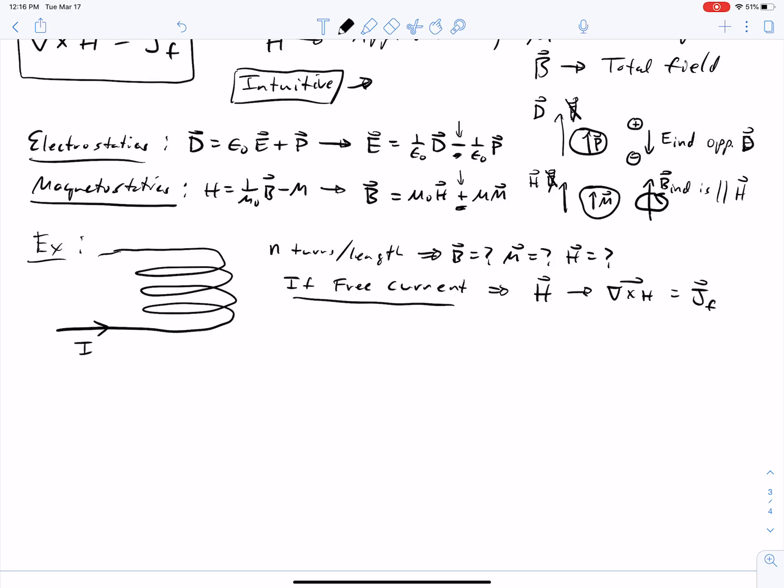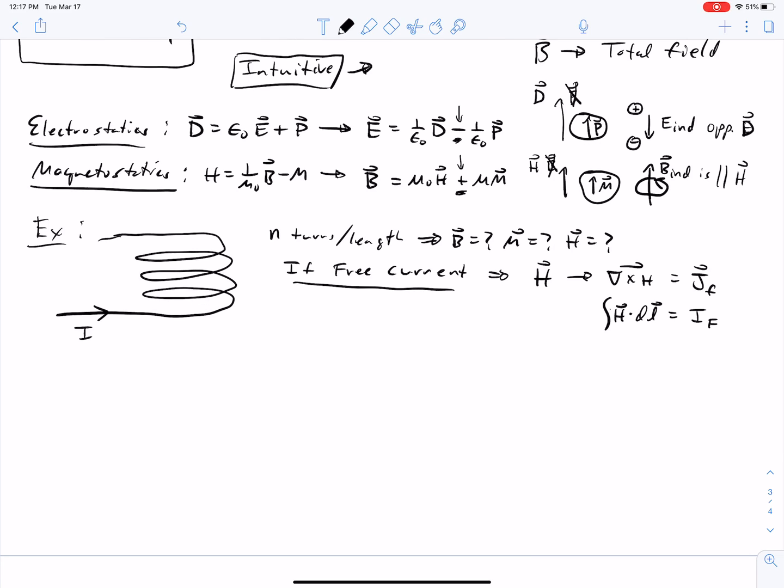And from this, we then know that the integral of H dot dl is equal to the free current enclosed, I free enclosed. That's just the integral form of Ampere's law, which comes directly from this.